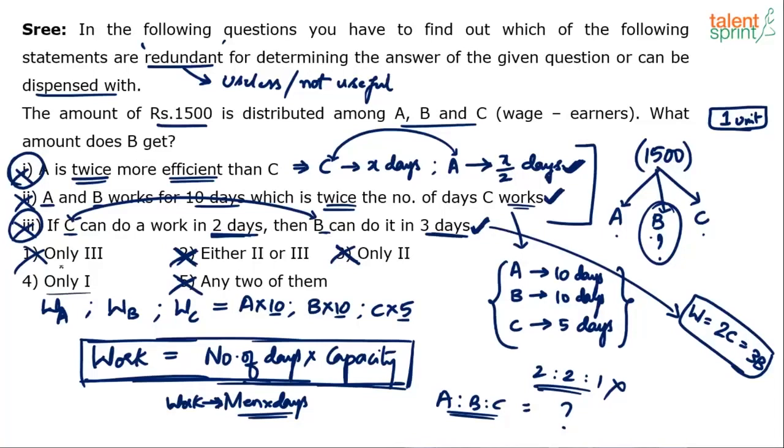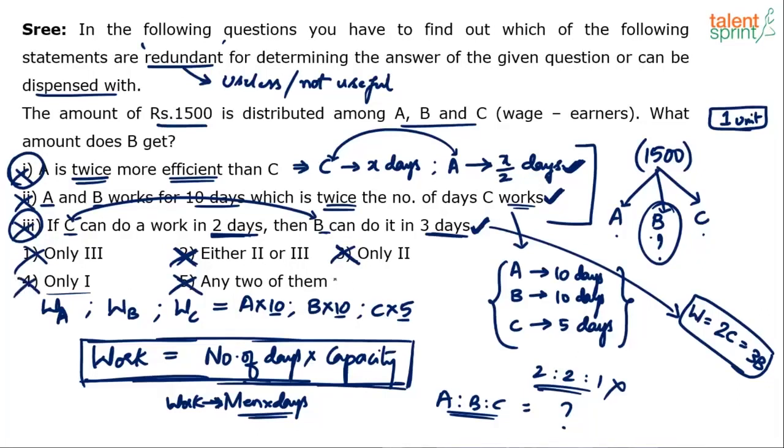Option 4 says only 1 is redundant. Why? How can I get the answer using 2 and 3? No, I think all the options are wrong. 4 also is wrong.